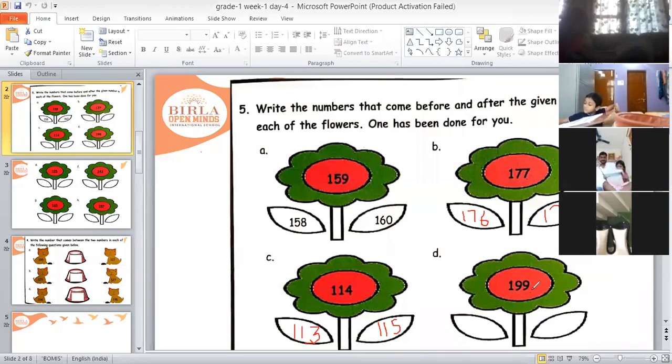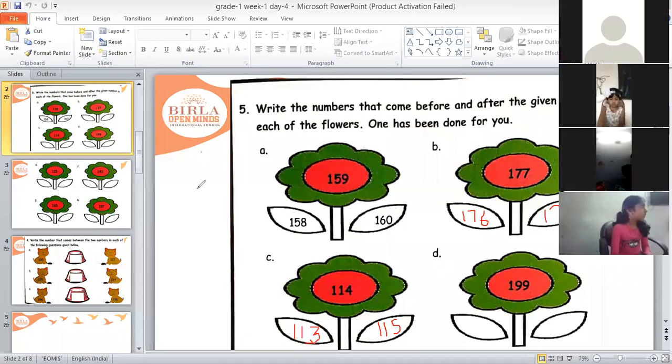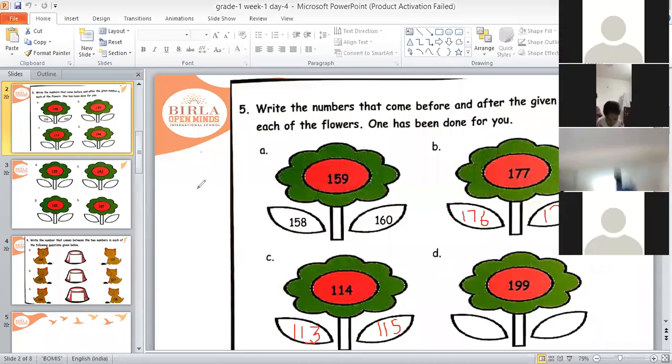199. And how will you read this number 199? How will you read? 99. Yeah. Now tell me what comes just before 199? 198.